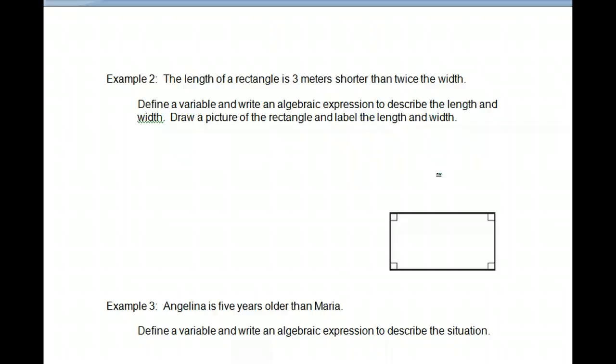Draw a picture of the rectangle and label the length and width. Our rectangle's already there, so we don't have to draw it. Now, first question, what is based off of what? Is length based off of width, or is width based off of length?